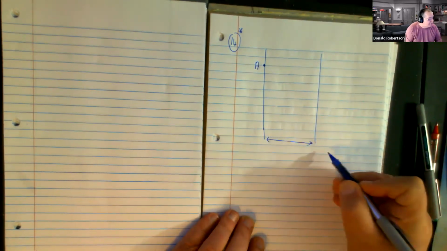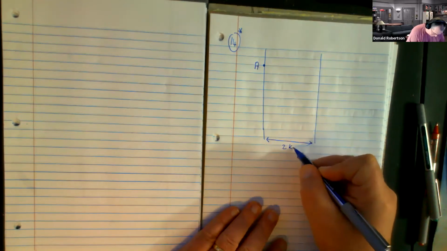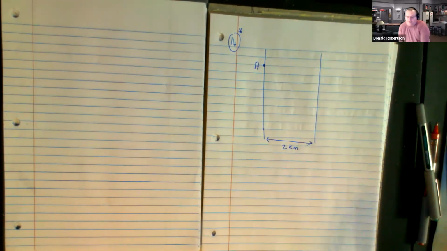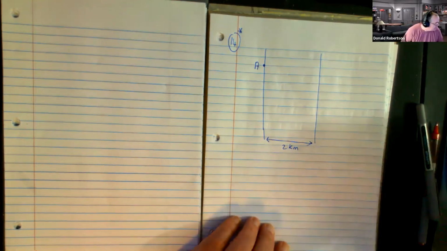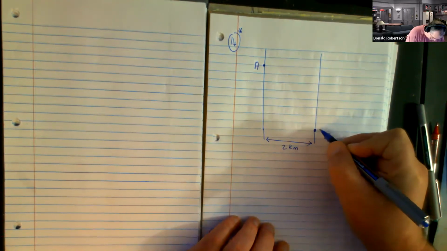And from one side to the other, it's 2 kilometers wide. So it's a pretty big river, right? It's not a stream, 2 kilometers wide. And he wants to reach another point further down here.